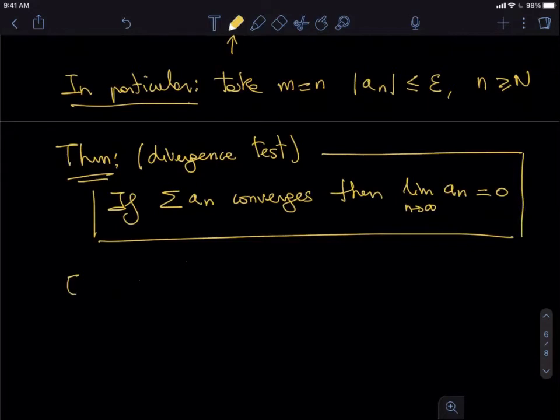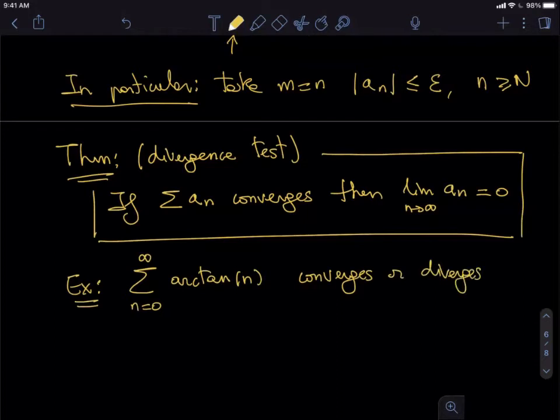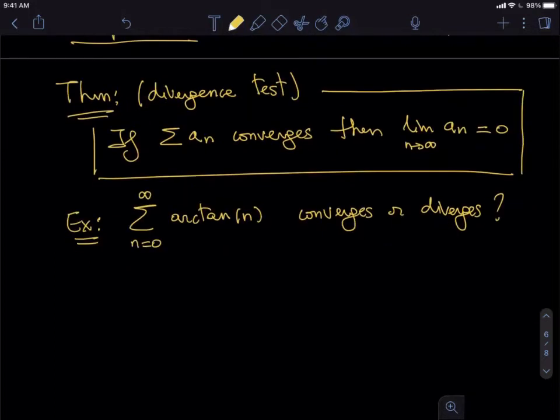For example, if we have the sum of the arctangent of n as n goes from 0 to infinity, and we want to know if this converges or diverges, something that we can check is: a_n is the arctangent of n, right?